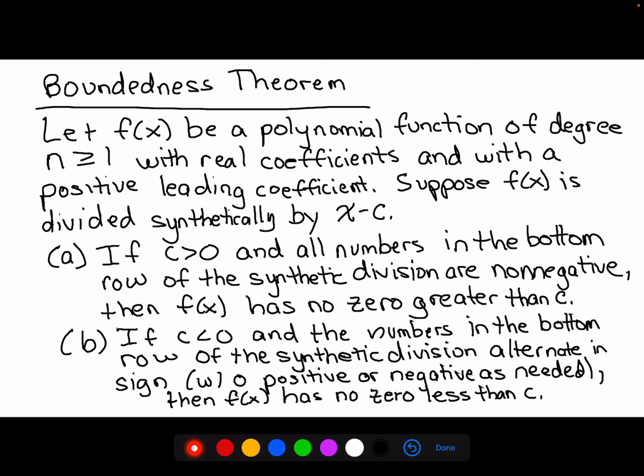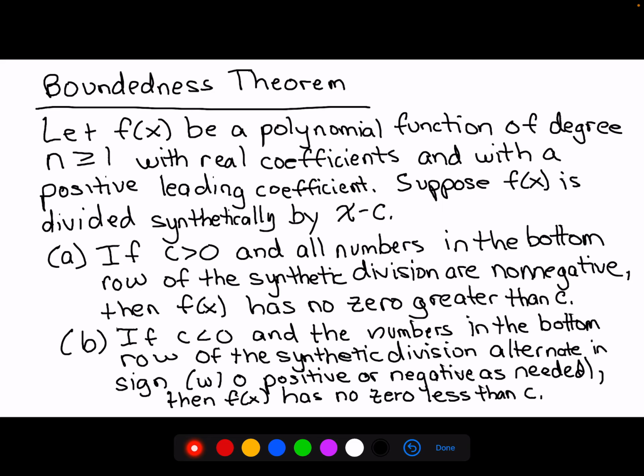So if you do the synthetic division with a number that's negative, and you find that that entire bottom row with your quotient and your remainder alternate sign, where if there's a 0 in there somewhere, you can make that sign what you need it to be, then that means that there's no 0 less than c.